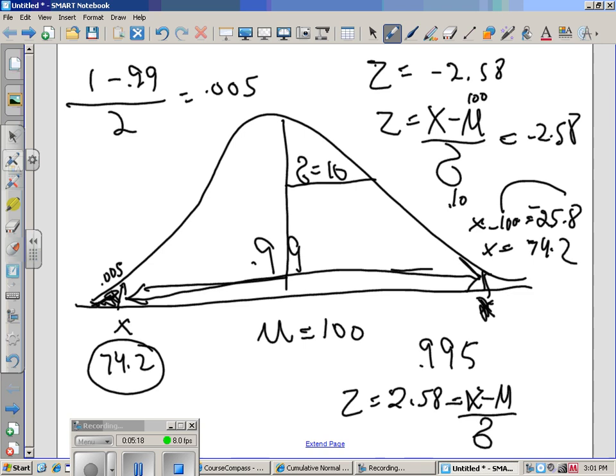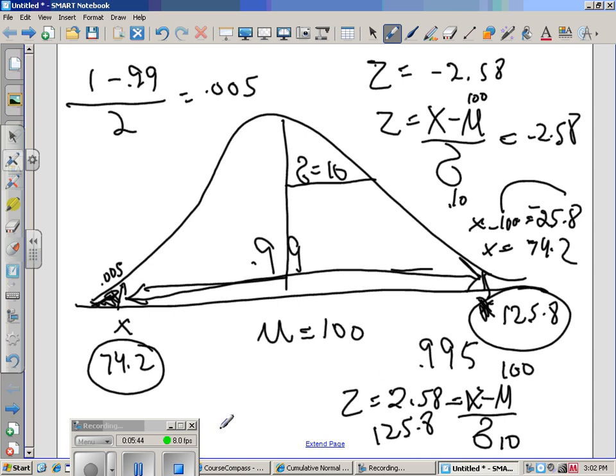And x in this case is the unknown, mu is 100, sigma is 10. If you solve this equation, you get x equals 25.8 plus 100, or 125.8. And again, visually it makes sense. It's about 110, 120, 125.8. So the 125.8 is the answer to the question.